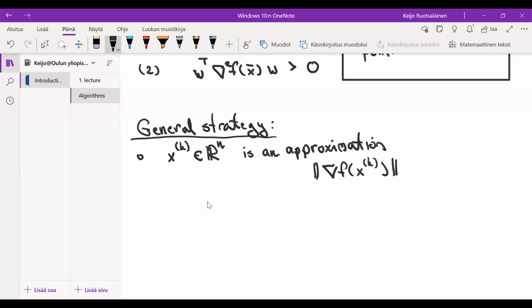So we have some threshold value, which is, of course, positive. And we want to find a point in such a way that the length of this gradient is less than this threshold value. This is our criteria.